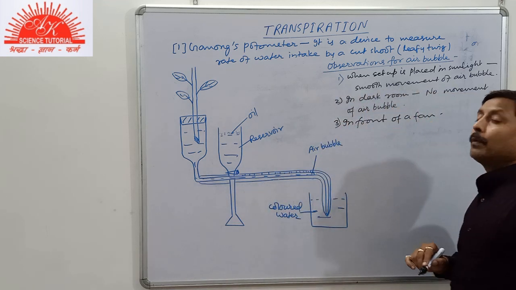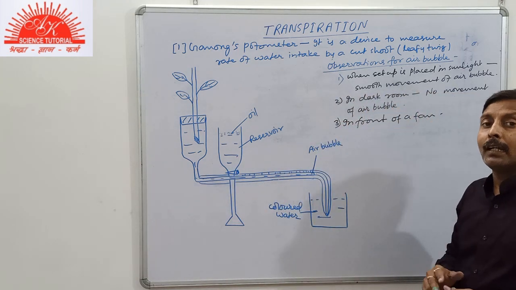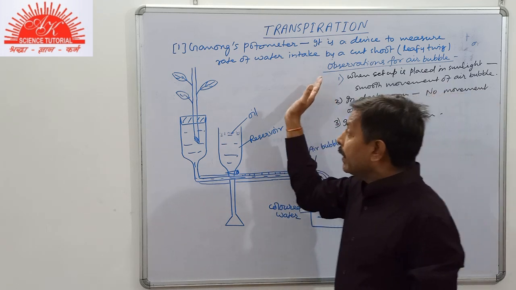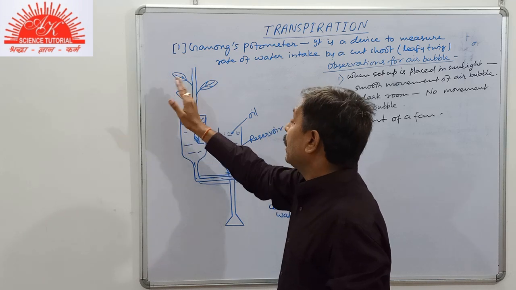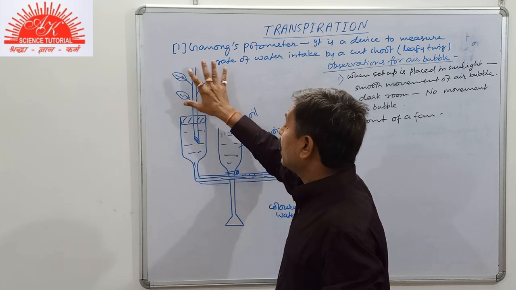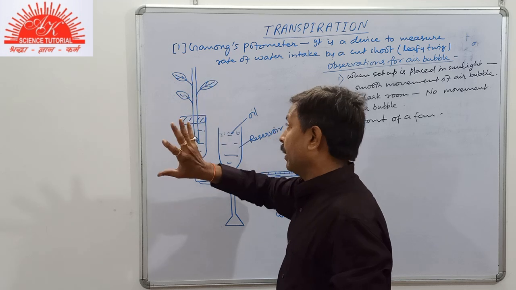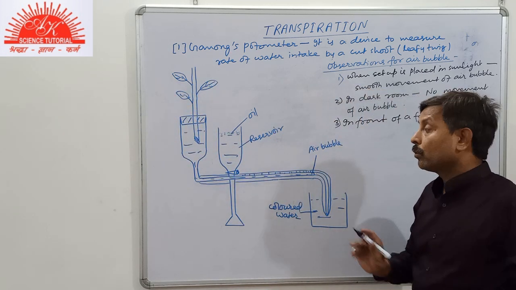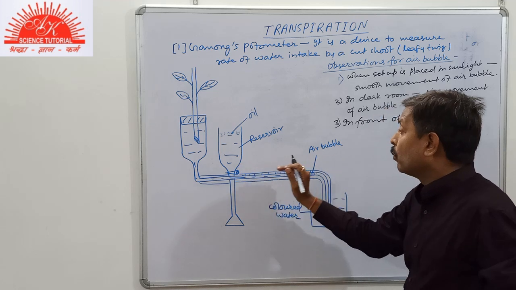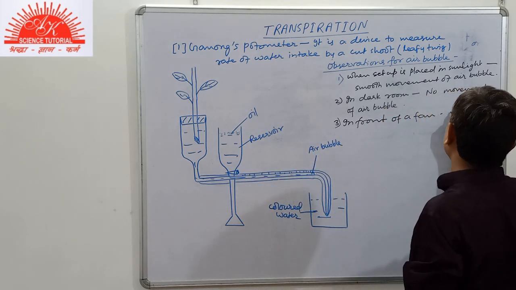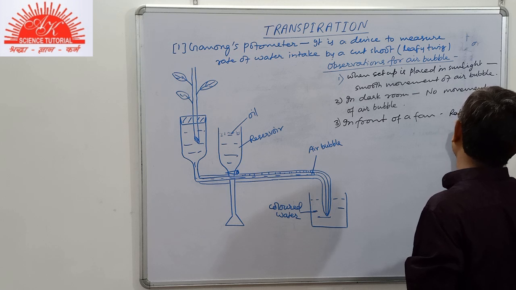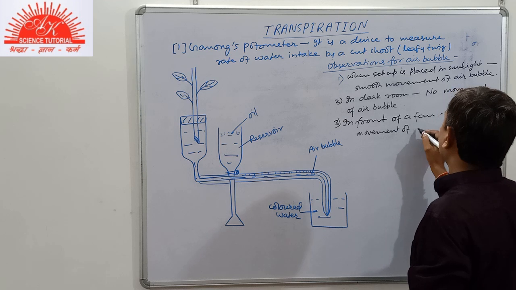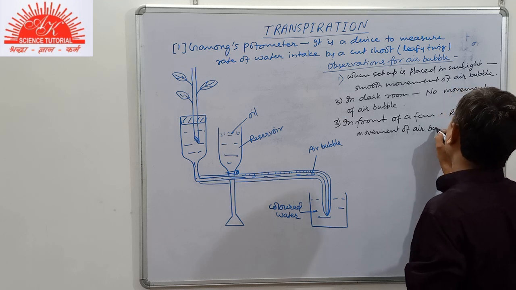That is, suppose this setup is placed in front of a fan, then the wind, the air blowing will remove water vapor from the area around the tube, and hence the rate of transpiration will increase, due to which the rate of air bubble movement will be faster. So here rapid movement of air bubble takes place.